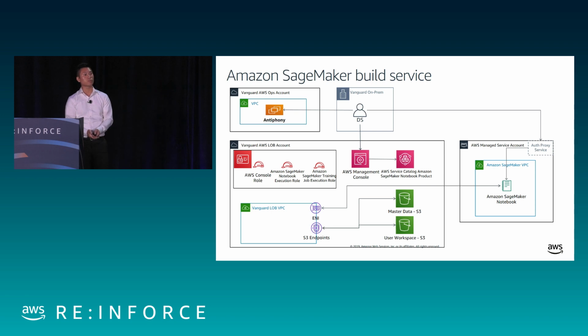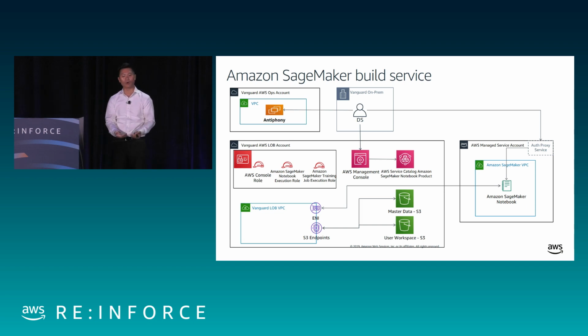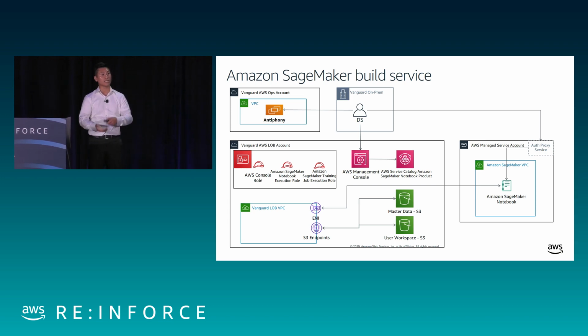In a SageMaker notebook, there is a root volume, and the root volume is only encrypted using the default server-side encryption. So what we tell our data scientists is, for anything you perform in the notebook, you typically save the data in an S3 bucket, or if you want to save data locally, you need to store it in the machine learning storage volume. With a recently released feature by Amazon, we also disable root access into the SageMaker notebook.